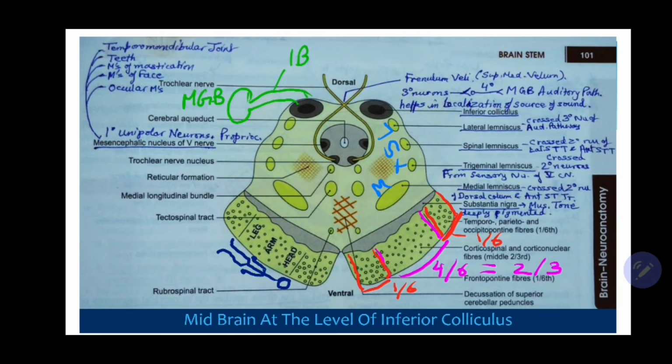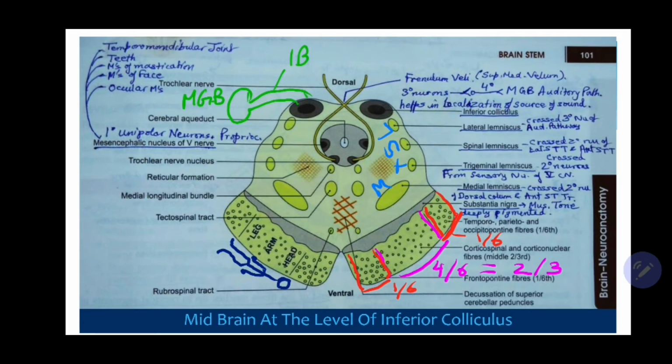The crossed second order neurons are carrying sensations from the lateral spinothalamic tract. Okay, and then the lateral-most is the lateral lemniscus. As I told you, it's part of the auditory pathway. Keep revising: from the organ of Corti to the cochlear nucleus is the first neuron; from the cochlear nucleus to the opposite superior olivary nucleus through the trapezoid body is the second order neuron.